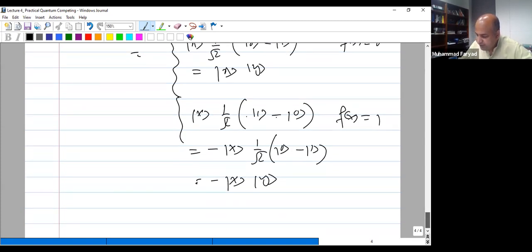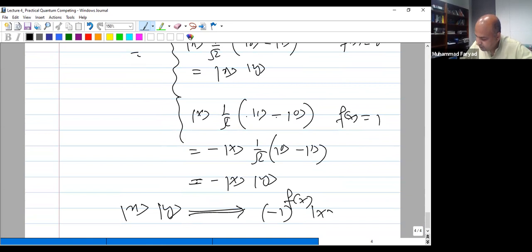So in general, I can write that this x y is transferred to minus 1 power f of x times x y, because y doesn't change, y still remains y, x still remains x, but it is being multiplied with a sign that is either plus or minus depending on f of x.